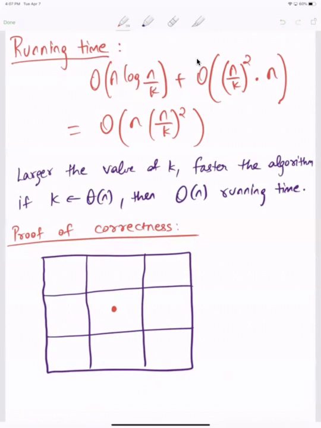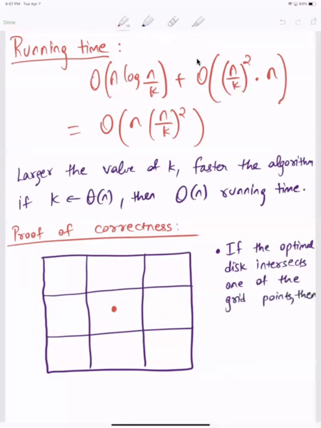Let me write down something first. If the optimal disk intersects one of the grid points, then we get a two-factor approximation.